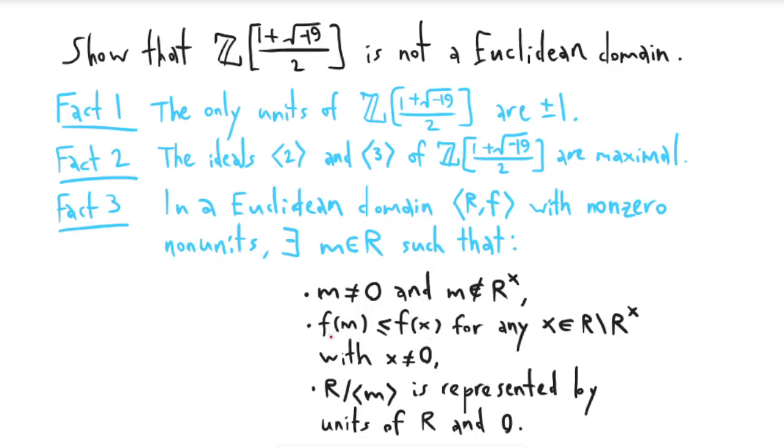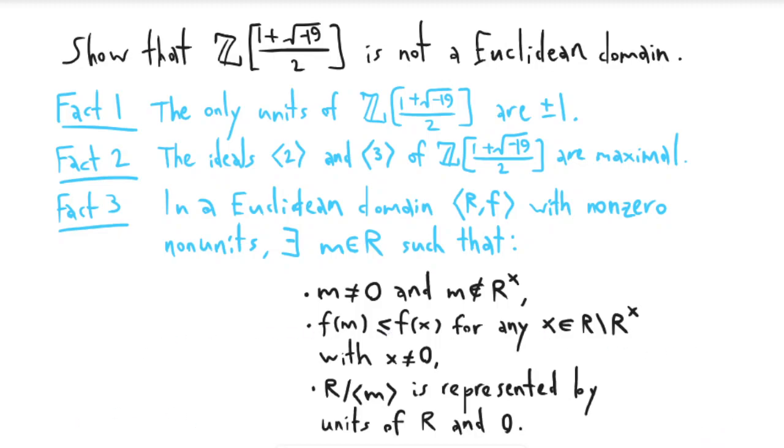So this is kind of like the minimal image under the Euclidean function that you can get. And then the third property is that R over the ideal generated by m, the cosets all have representatives that are units of R or 0.